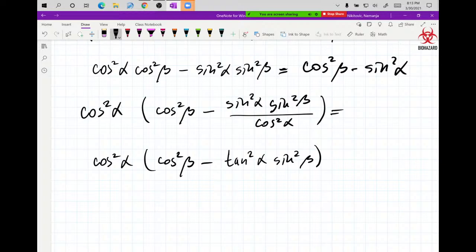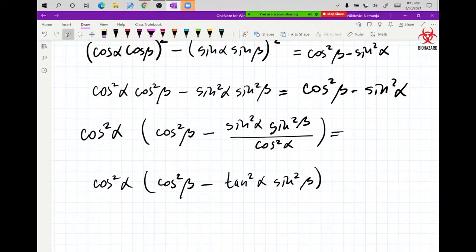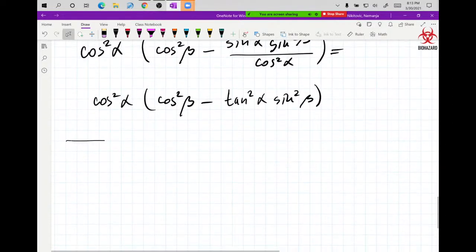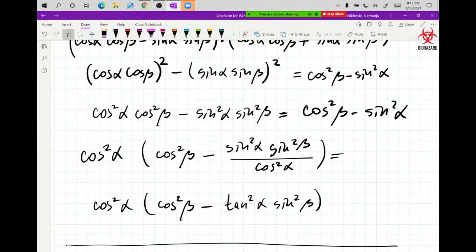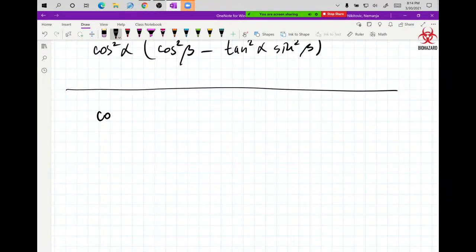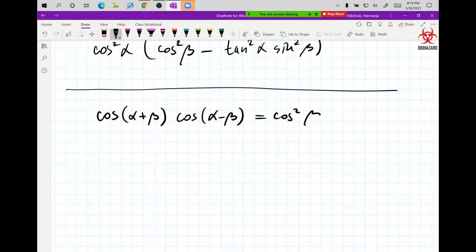What is the trick here? What would be the trick to solve this problem? You know what? When you get stuck, write it again. Cosine alpha plus beta, cosine alpha minus beta should be equal to cosine squared beta minus sine squared alpha.